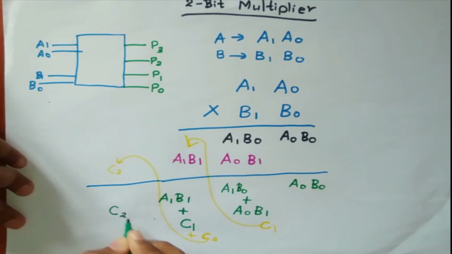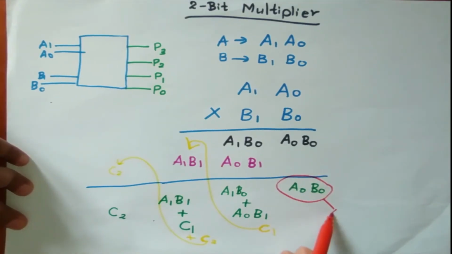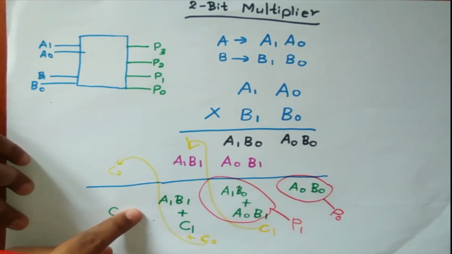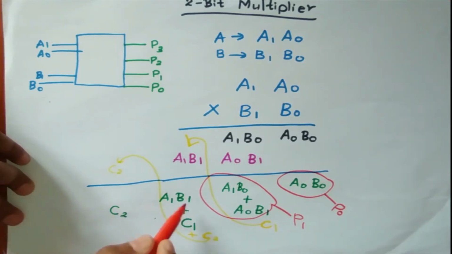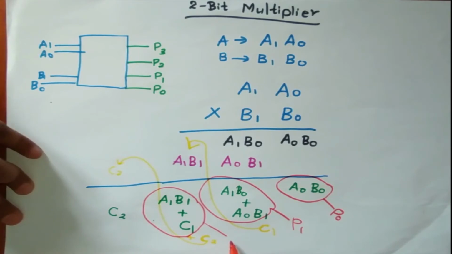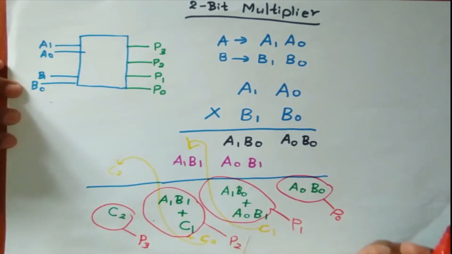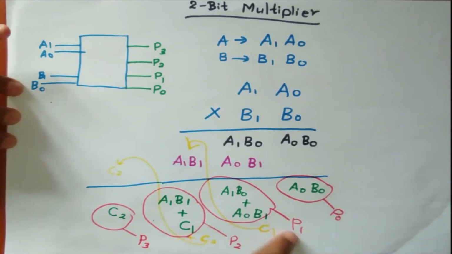So here is the C2. So we can get the outputs. A0 B0 is P0, and A1 B0 or A0 B1 is P1, and A1 B1 or C1 is P2, and C2 is P3. So now we can get the expressions for P0, P1, P2 and P3.